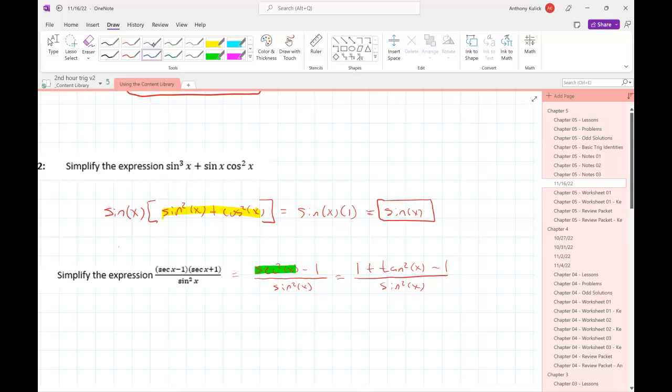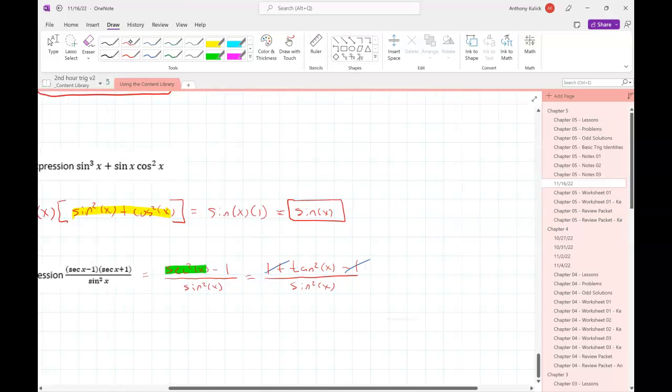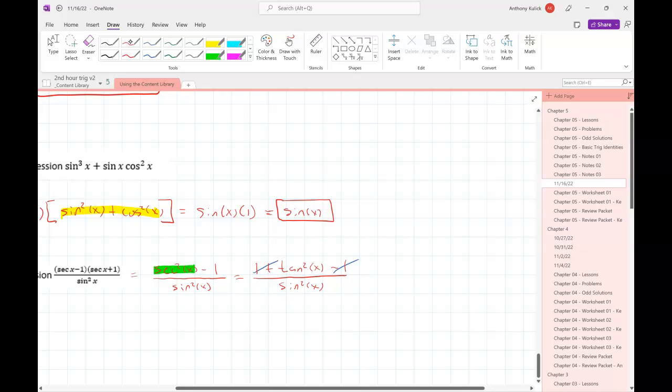That seems like I just traded one thing for two. That seems like a bad idea, Mr. Kulik. Yeah, so the plus one here and the minus one add to give me 0. So that's actually a great thing, right? We now have a single numerator, tan squared, and a single denominator, sine squared.